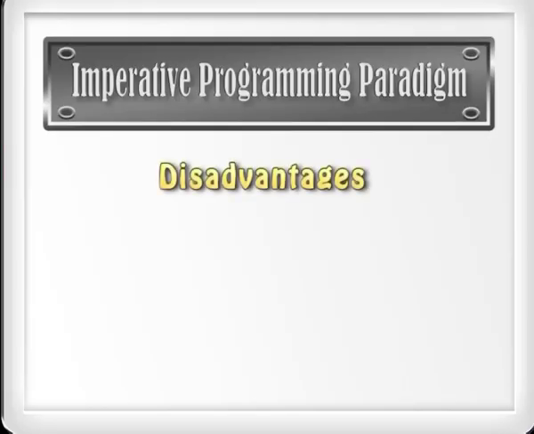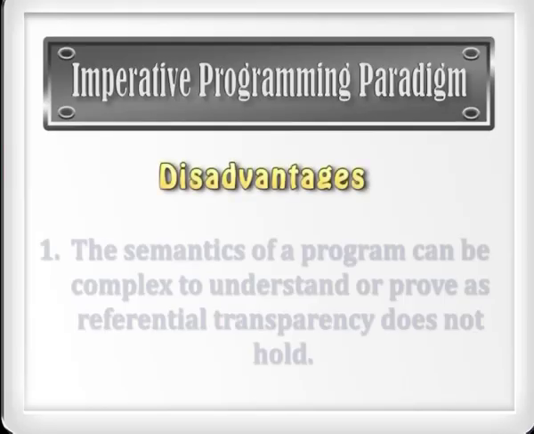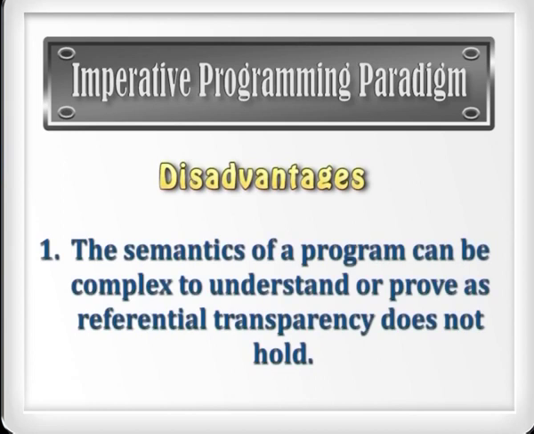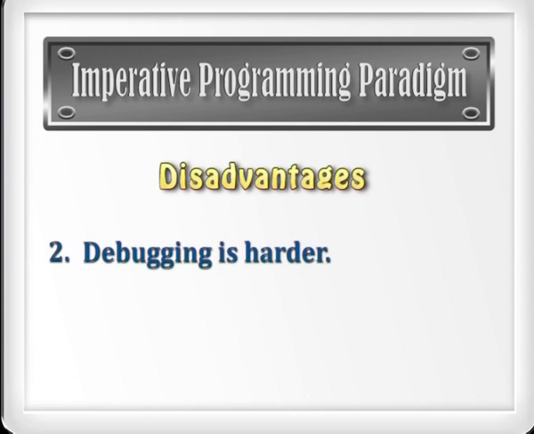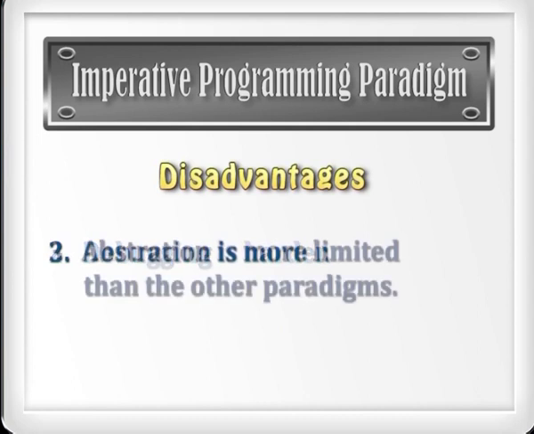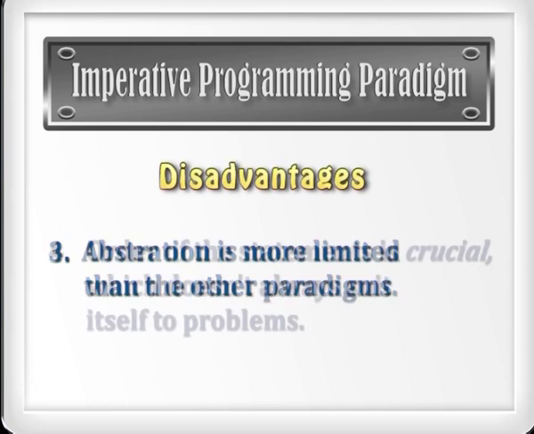The disadvantages of the imperative programming paradigm are: first, the semantics of the program can be complex to understand or prove, as referential transparency does not hold. Second, debugging is harder. Third, abstraction is more limited than in the other paradigms.